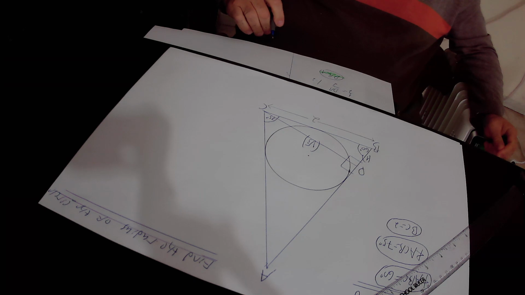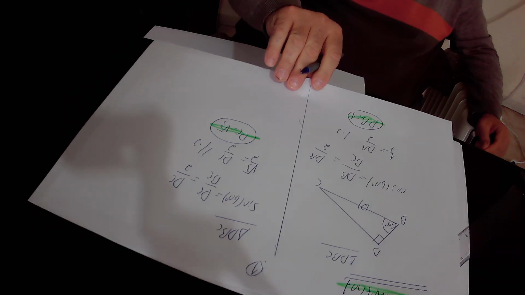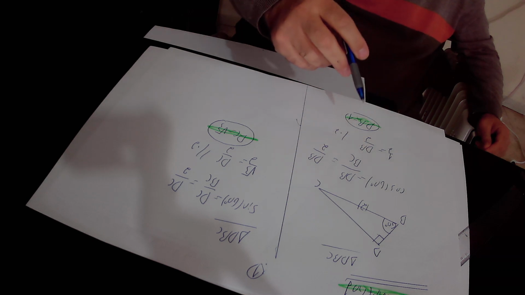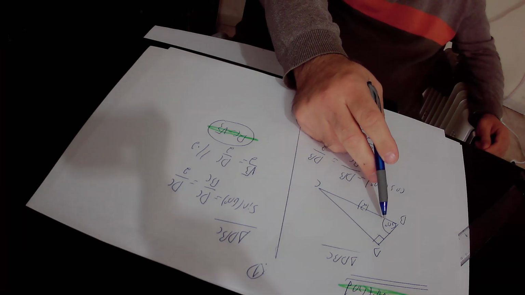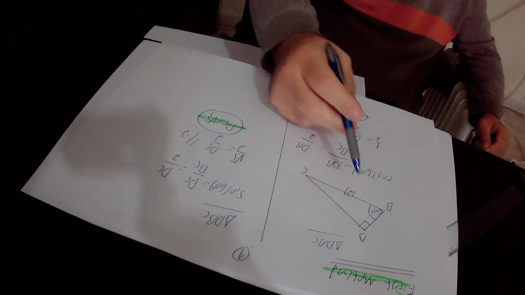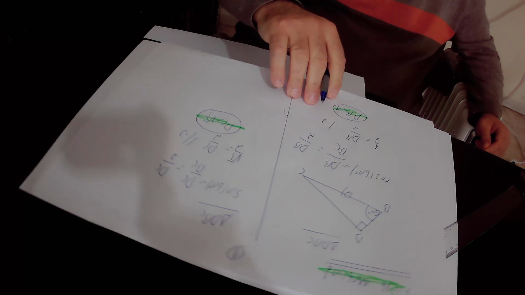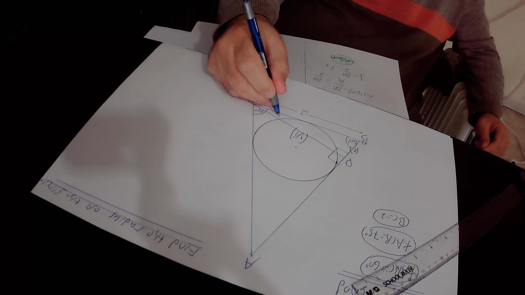Here we know that the sum of the angles in any triangle equals 180 degrees. It is also true in the right triangle DBC. So this angle equals 90 degrees, this angle equals 60 degrees, therefore the missing angle must be equal to 30 degrees.